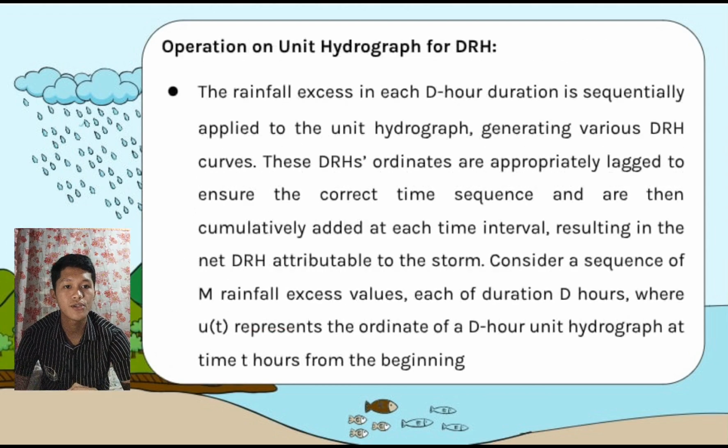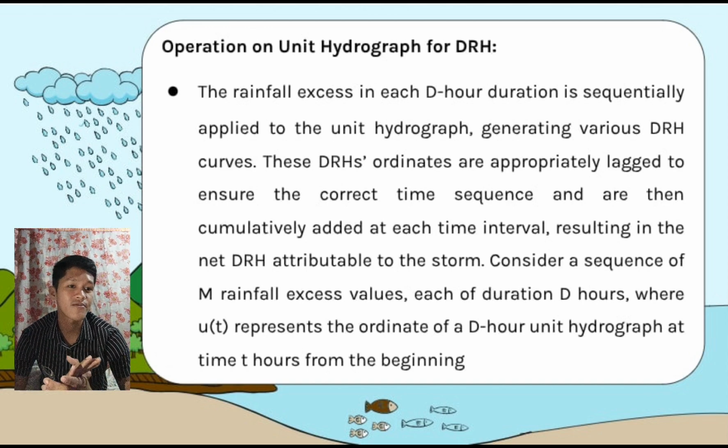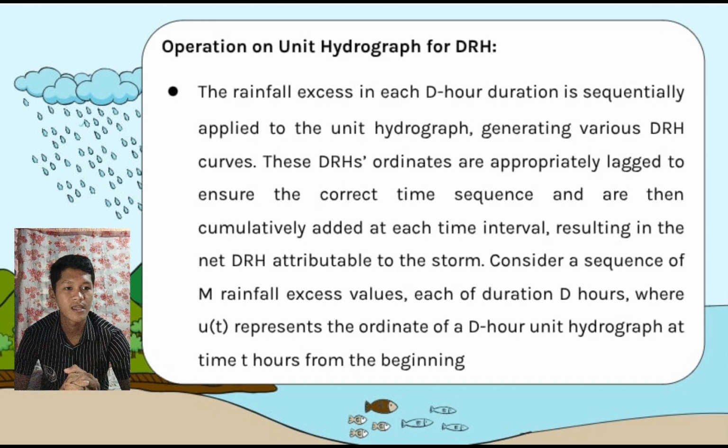So operation on unit hydrograph for the direct runoff hydrograph. The rainfall excess in each duration is sequentially applied to the unit hydrograph, generating various direct runoff hydrograph curves.